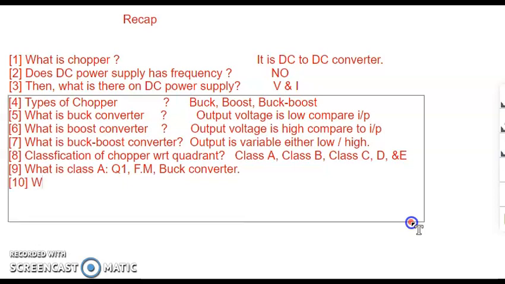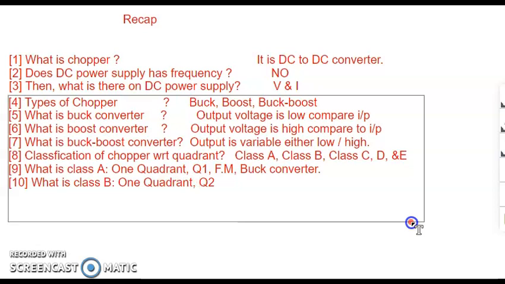What is class B? Class B is nothing but a quadrant 2 only operation, so it is one quadrant. Similarly, this also uses one quadrant, the second quadrant.